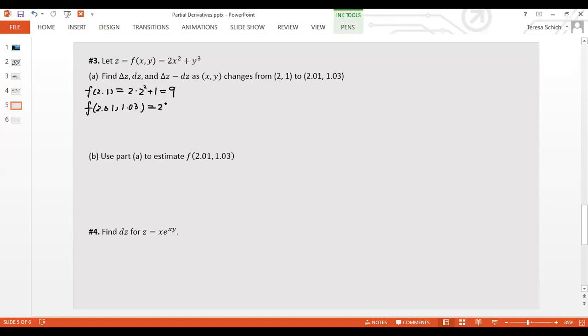So the function value will be 2 times 2.01 squared plus 1.03 cubed. So now you will get this number here, 9.1729. So what is my delta z? The delta z, the true difference, will just be 9.1729 minus 9, right? So the function value minus 9. So you will get delta z is 0.1729 here.